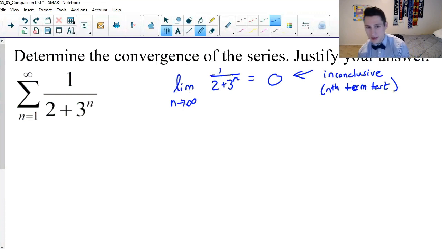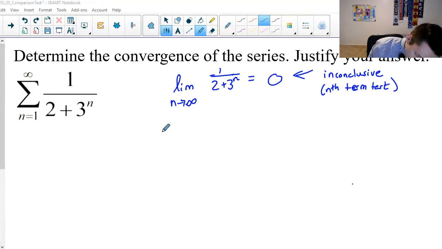This isn't a p-series. It's not a geometric series, at least right now. It's not telescoping. So let's instead try to use the comparison test.